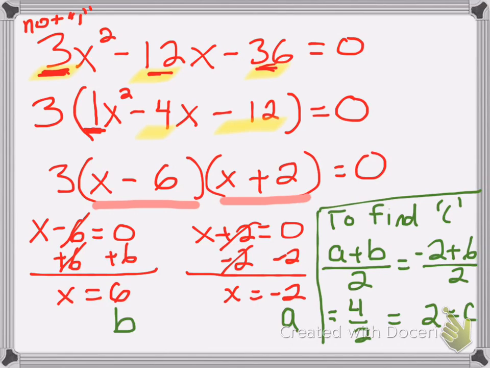Well, that's my C right there. And I'm done with that problem. So my values of A, B, and C for this function are negative 2, 6, and 2 respectively. Okay?